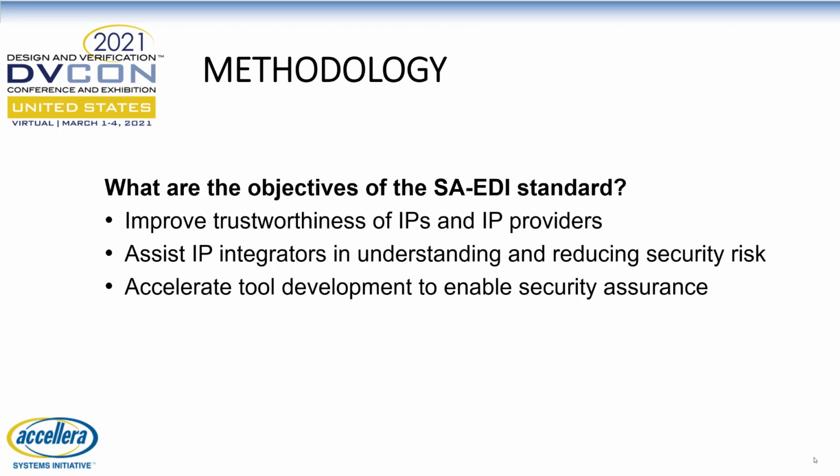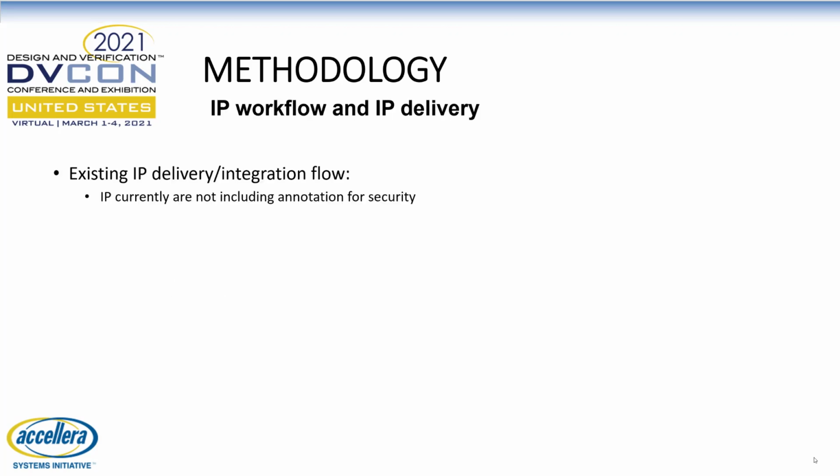So how does SA-EDI help with IP delivery? This existing IP delivery or integration flow might look as follows. An IP is designed, and then before it's sent to a customer, it goes through various steps, right?